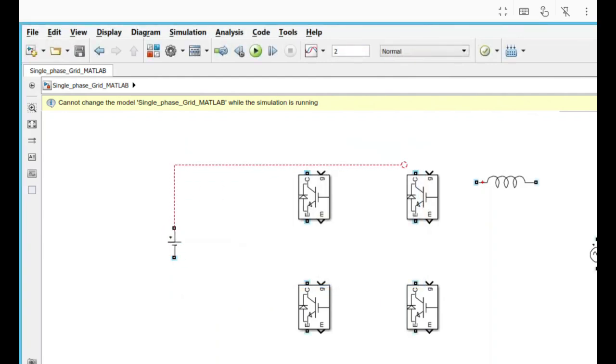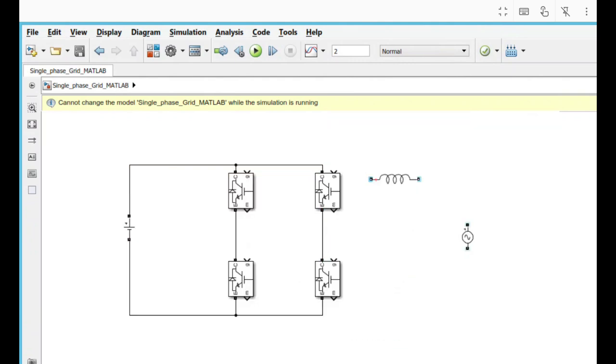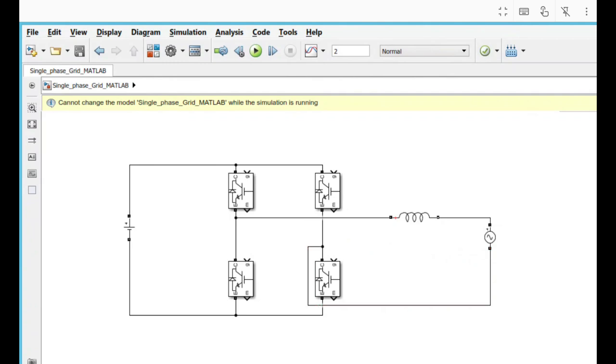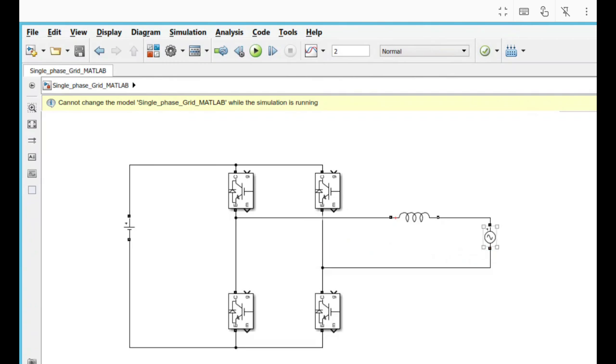Now I am connecting the DC source, and I am connecting the inductor with the AC source. To measure the voltage and current and to synchronize the grid voltage with the inductor current, we need a voltage and current sensor.